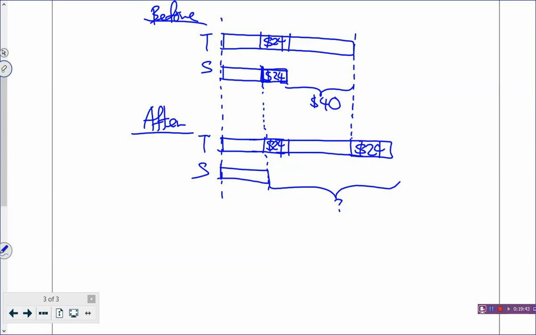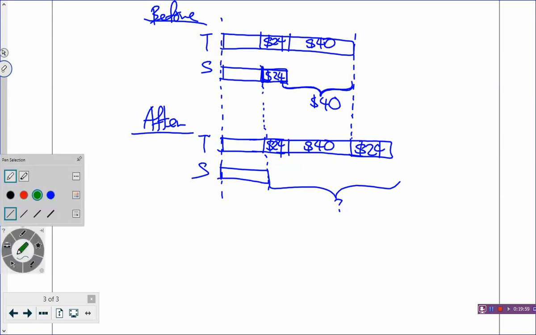Alright, and then what do you see? Now, can you see the $40 which is over here? Isn't that the same as on top? Okay, and then you go down again, and that is also the same, $40. Alright, so let's use some other colors to highlight the numbers. Now this is $24, so you cut it. So on top is the same, on top is also the same, $24.